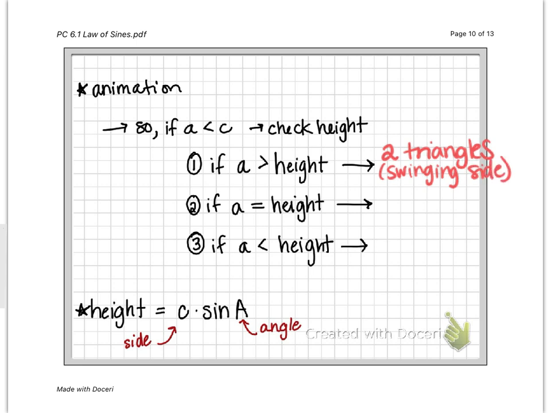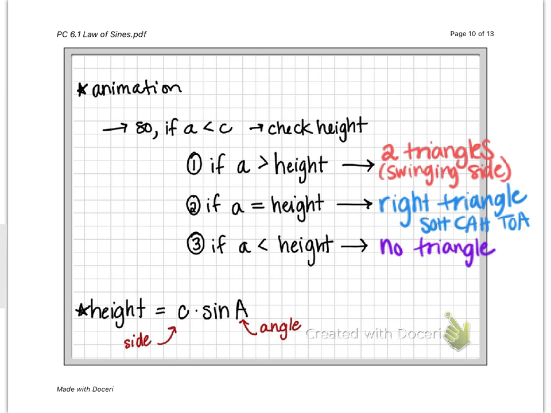If A is equal to the height, then you have a right triangle, which you can then just use SOHCAHTOA to solve. You don't have to use law of sines. The third possibility is that if A is less than the height, you will have no triangle. And the way we find the height in order to compare is we take C, the fixed side, and multiply it by the sine of angle A that we've been given.